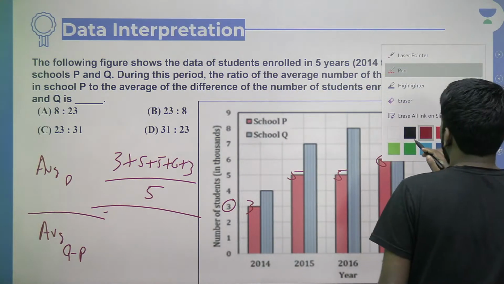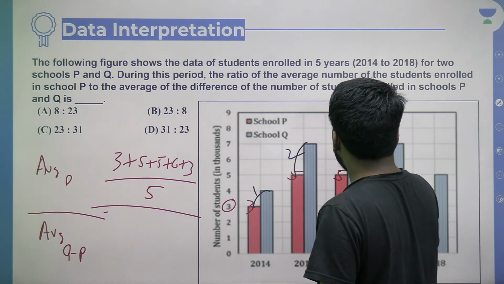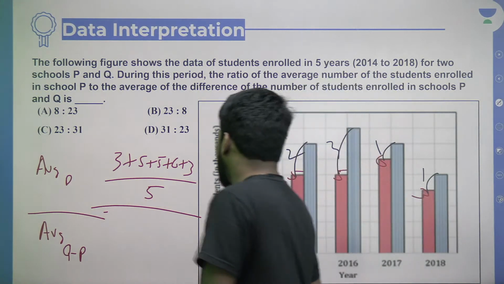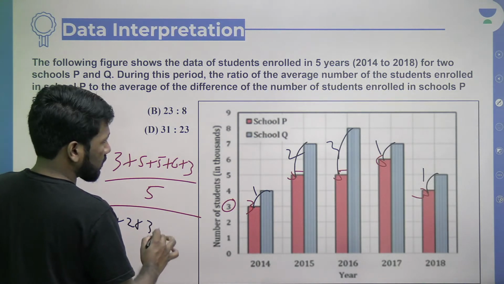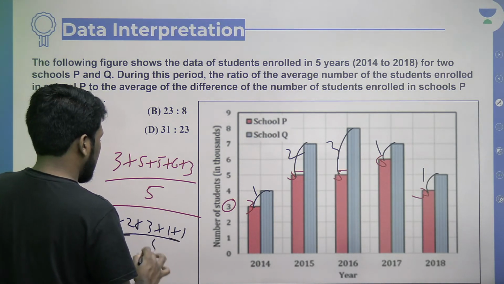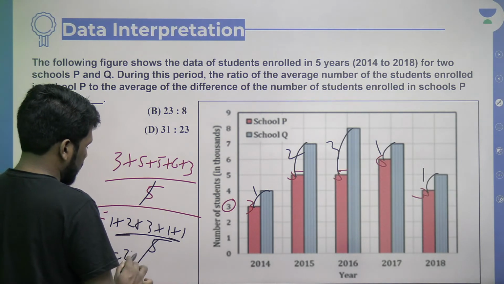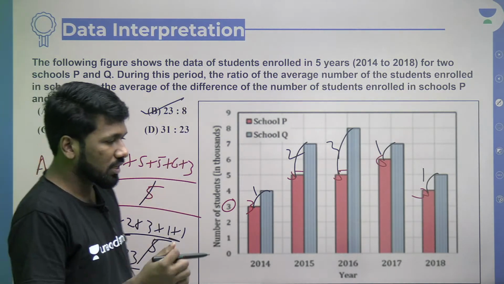The difference between P and Q in each year: this is 1, this is 2, this is 3, this is 1, this is 1. That is the difference. So the difference will be 1 plus 2 plus 3 plus 1 plus 1 divided by 5. So 5 cancels. This is 23 in the numerator, 8 in the denominator. So 23 by 8, option B is the answer.